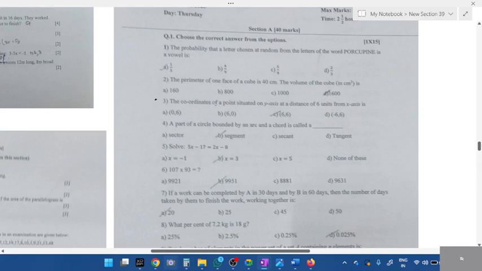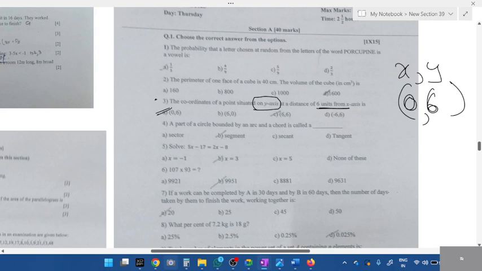What is given here? The coordinate of a point situated on which axis, at a distance of 6 units from the x-axis? See, the point is situated on which axis? On the y-axis. So if the point is situated on the y-axis, x will be 0. X will be 0. Y you have to take as 6. The answer is 0, 6.